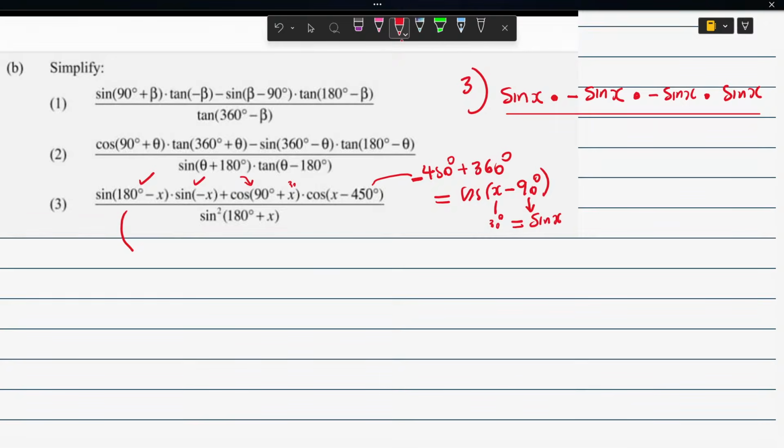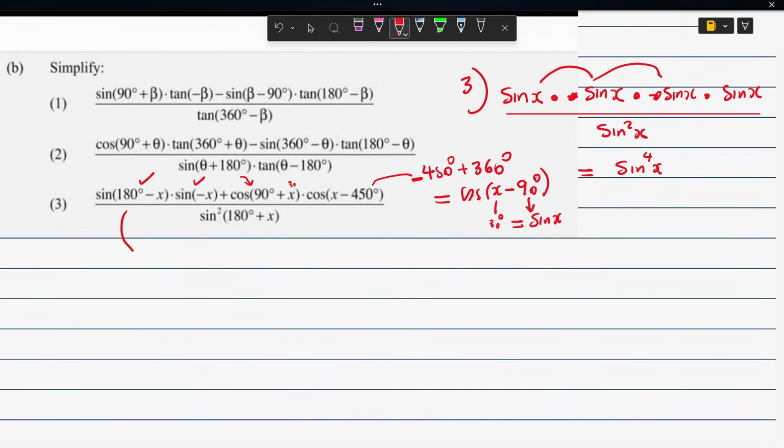Let's look at the denominator. Sine squared. This is what we did already. This one will be sine squared x. Why sine squared x? Whenever there is a square, your answer will always be positive, right? So now negative times negative will cancel. So you're going to have sine to the power of 4 x because there are 4.